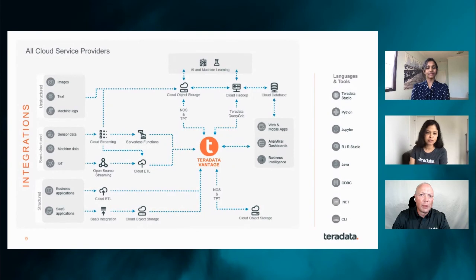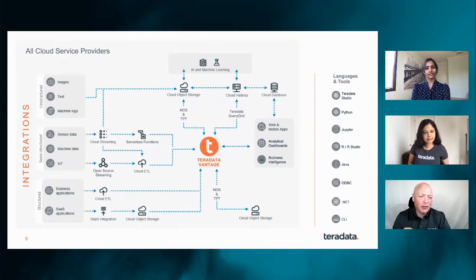And then, at the end of the day, use your BI tool of choice, your visualization tools. We support those integrations as well. It's really, like Anu described, a Lego block approach to piecing together your data ecosystem with the tools and capabilities that you feel are relevant to your organization.